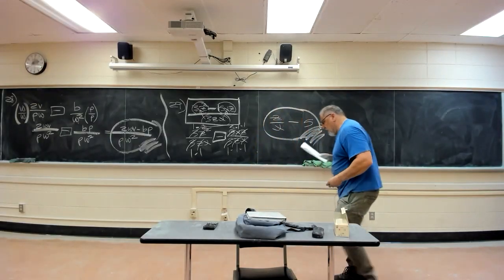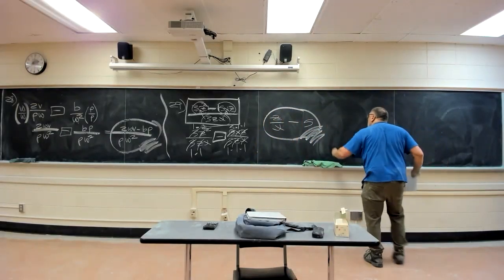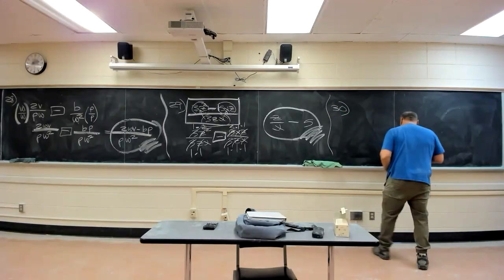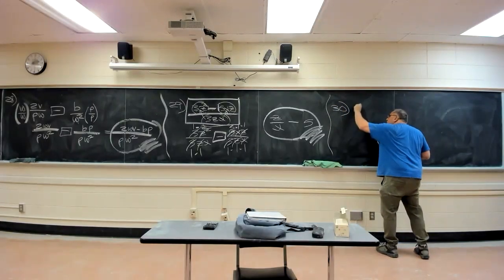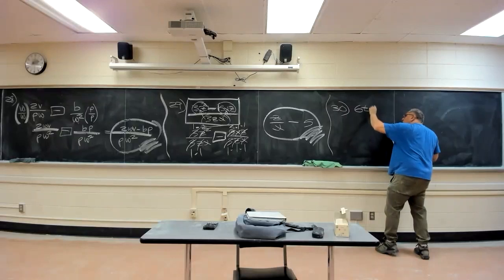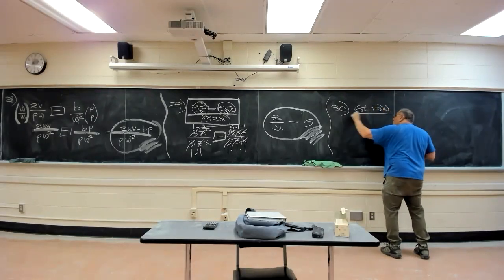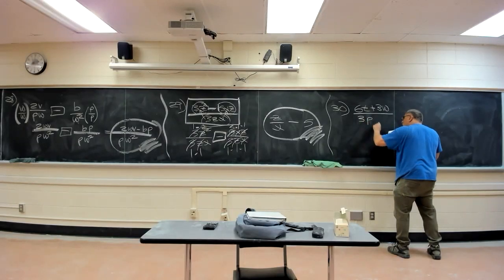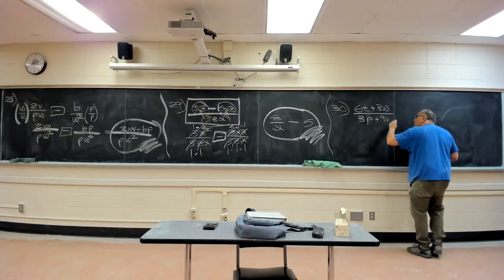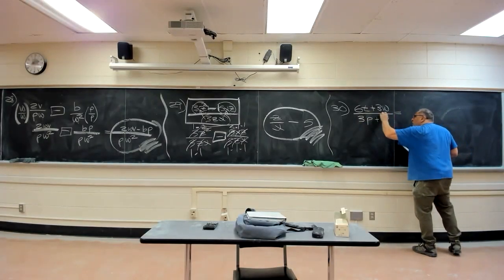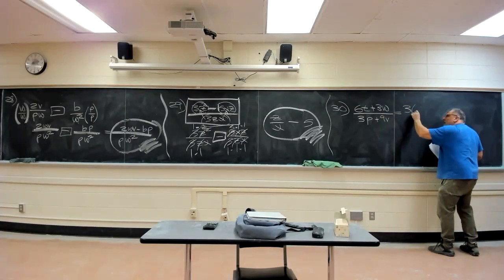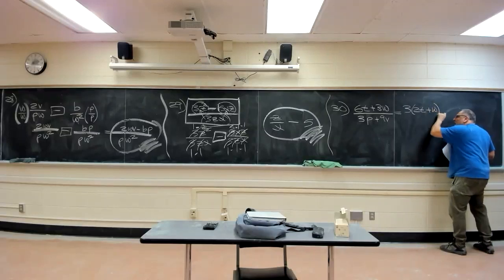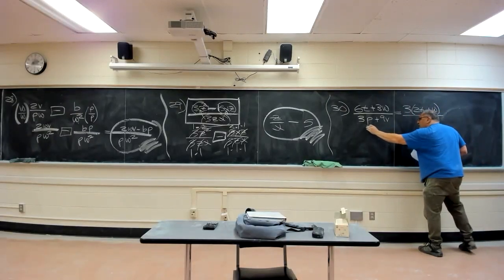For 30, they've got 6t plus 3w over 3p plus 9v. Pull a 3 out of here. Pull a 3 out of here.